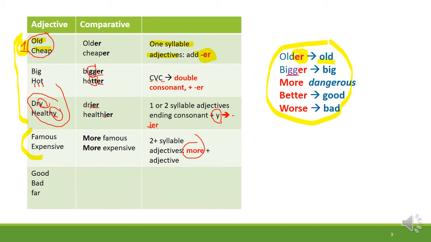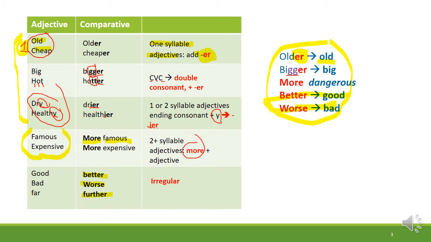When you have long adjectives, you use more and then the same adjective. What happened here? Better and worse. These are irregular adjectives. The word changes. Good, better. Bad, worse. Far, farther.